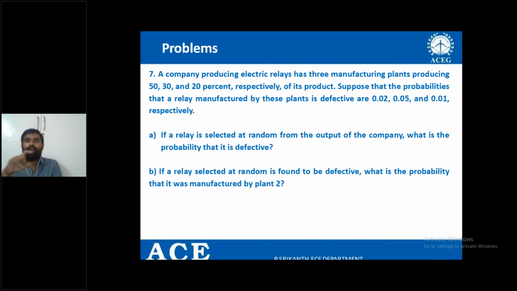So by knowing all these, you can find the total probability. And the second question is, if a relay selected at random is found to be defective, what is the probability that it is manufactured by plant 2? That is, you have to find P of A2 given B. The defective one is selected, and what is the probability that it is manufactured by A2? Therefore, P of A2 given B must be calculated. You do it? Yes.